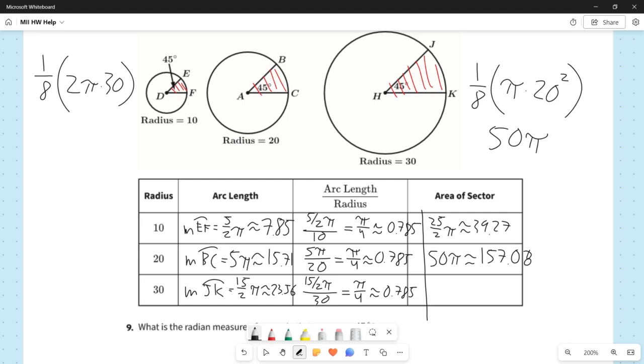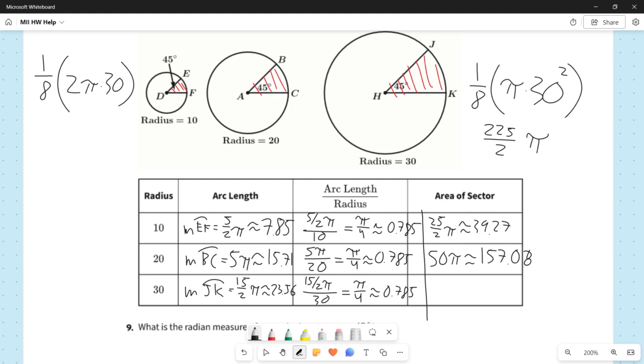And then for the last one, for our largest circle, our radius is 30 squared. 30 squared is 900, and 900 divided by 8 simplifies to 225 over 2, because again, there's a common factor of 4, so we factor that out.